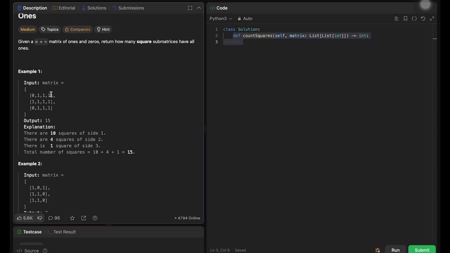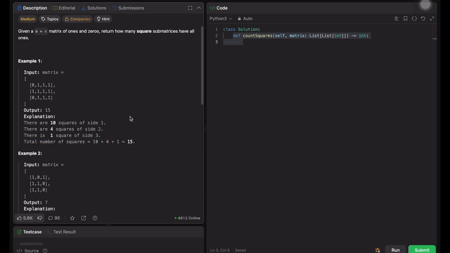Like this we have to add all the number of squares, and return the total number of square submatrices present in the given matrix. Here 10 ones were present, so that contributes to side 1. As we discussed, 4 2 cross 2 submatrices were there, and 1 3 cross 3 submatrix was there.